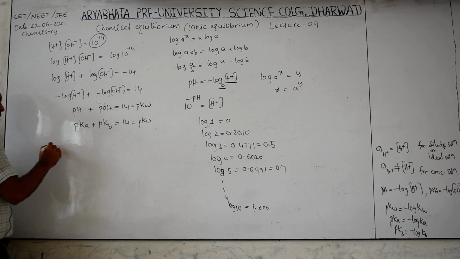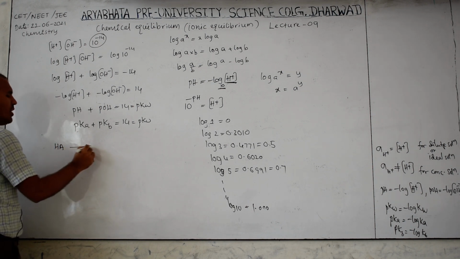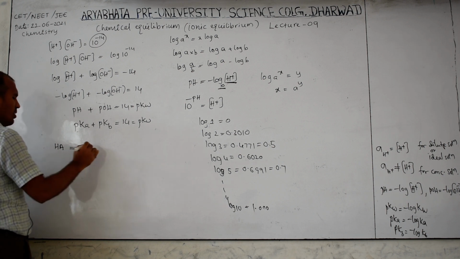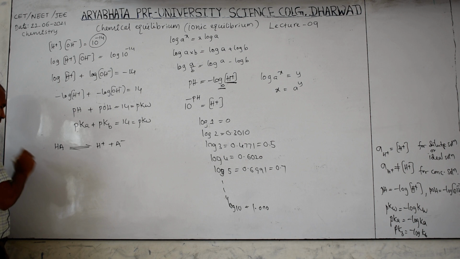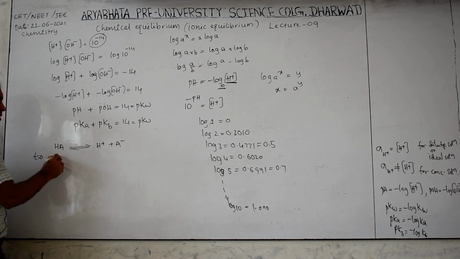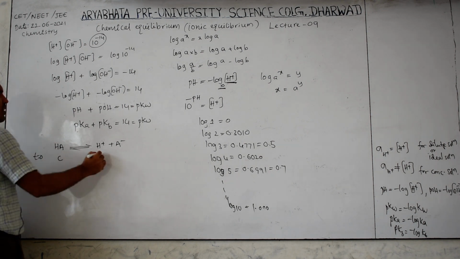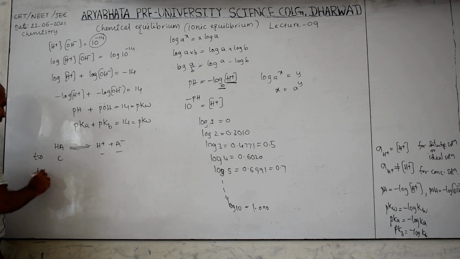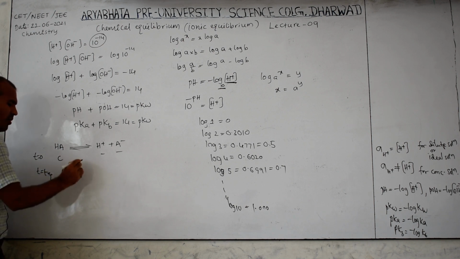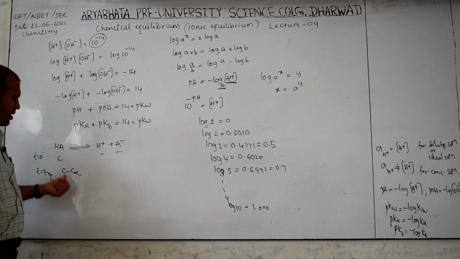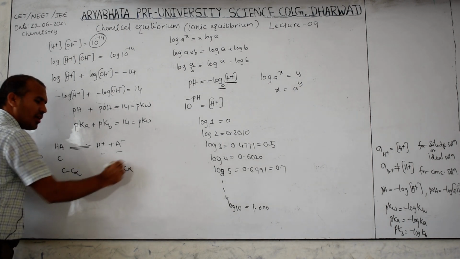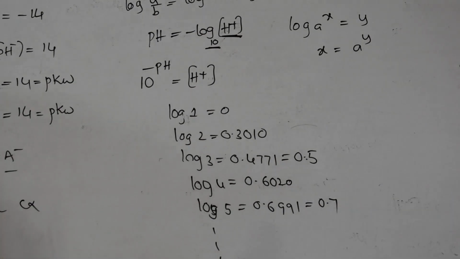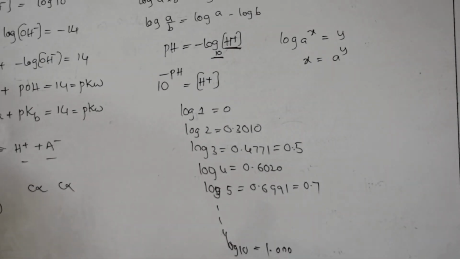Now, the weak electrolyte. For example, HA is a weak acid ionized into H plus plus A minus. At time T equal to 0, the concentration is C. At equilibrium time, with degree of dissociation alpha, the amount C alpha is lost, and C alpha is formed for each ion. Taking C common, HA is C into 1 minus alpha.